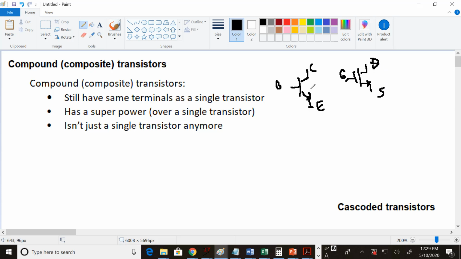So a BJT-based composite transistor still has to have three terminals: a collector, a base, and an emitter. And a MOSFET-based compound or composite transistor has to have a drain, source, and gate.